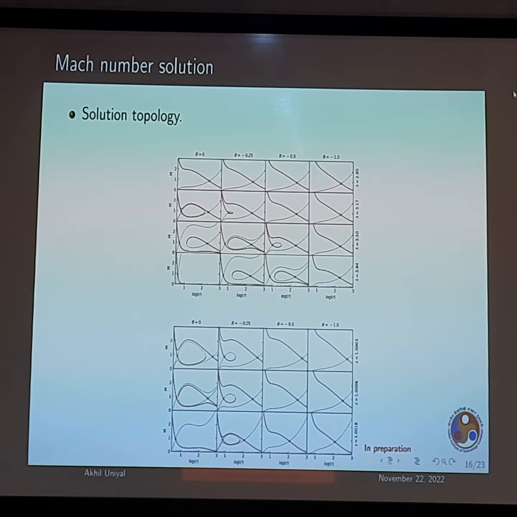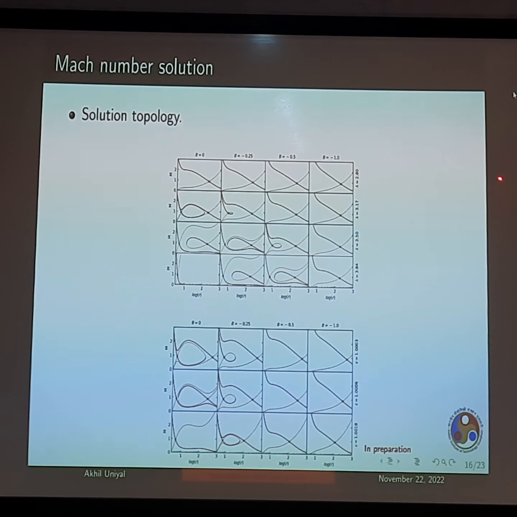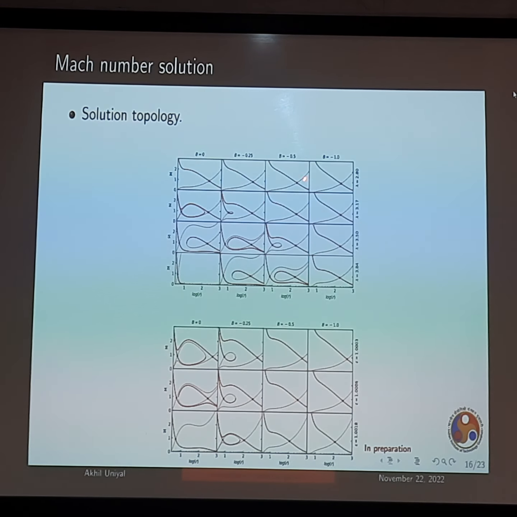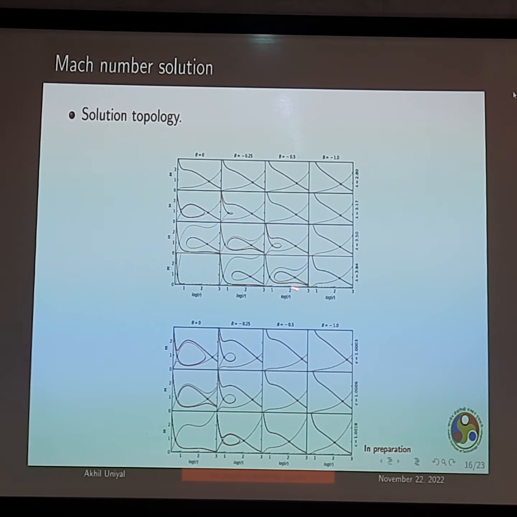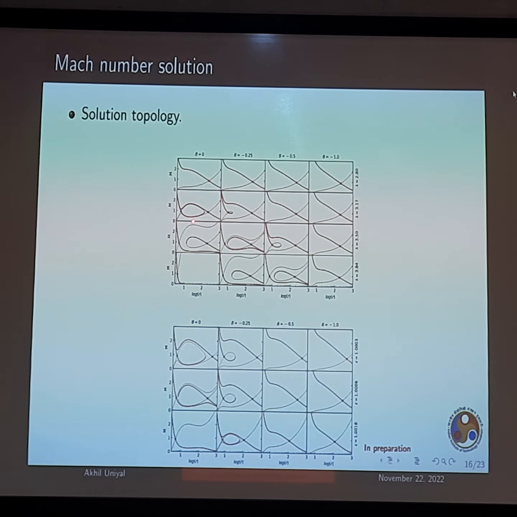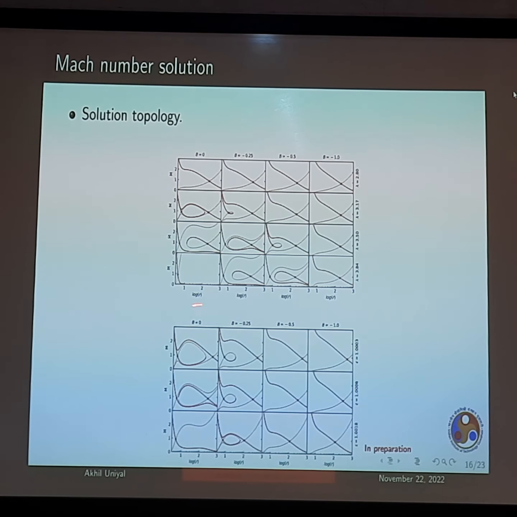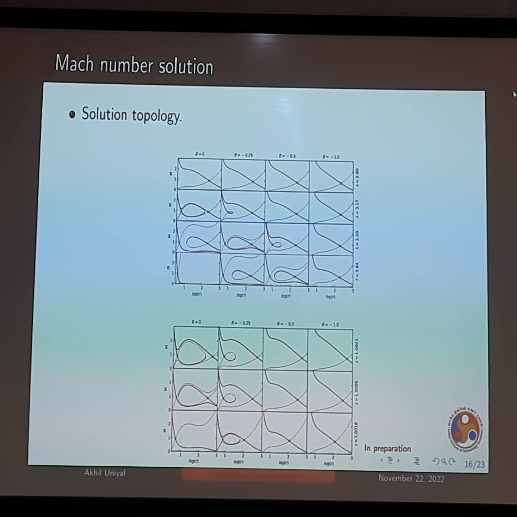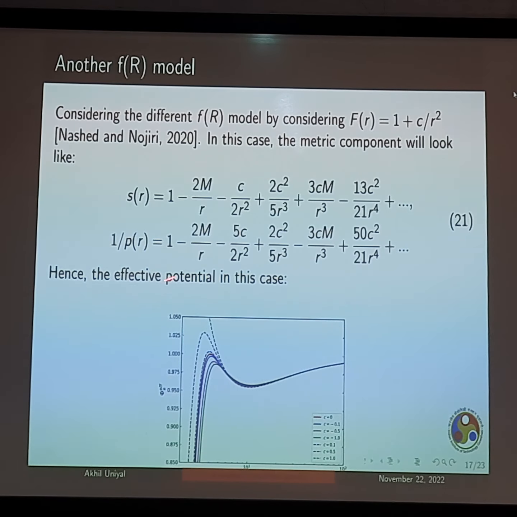Next, we plotted the solution topology, how this solution changes from Schwarzschild once you incorporate the modified gravity. You have three parameters in your theory: the modified gravity parameter, angular momentum, and energy. You fix one of them and just vary the solutions. So you actually increase your chances of getting shock. Okay, so that was the first model.